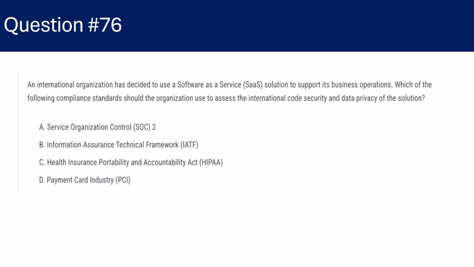A. Service Organization Control or SOC 2. B. Information Assurance Technical Framework, IATF. C, the Health Insurance Portability and Accountability Act or HIPAA, or D, Payment Card Industry or PCI.